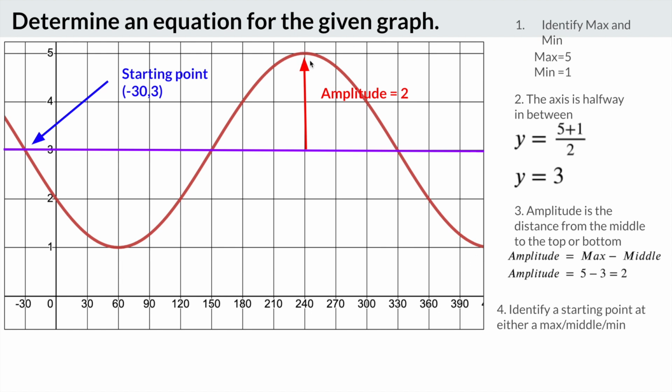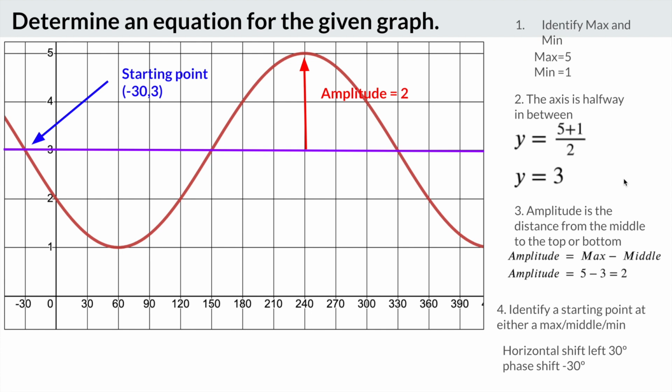If I'm starting at the top, I can't see another top, and I'll have to do some extra playing around to come up with a good equation. So this is the starting point I chose. If you notice, it is transformed over to the left by 30 degrees, so that is my horizontal shift, also known as my phase shift, at -30.